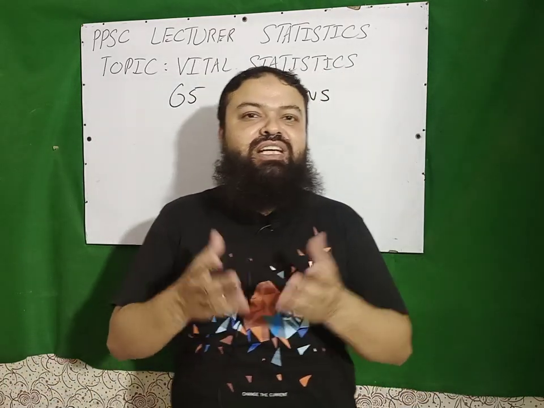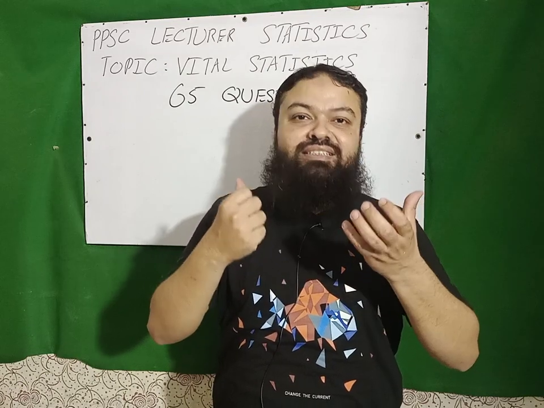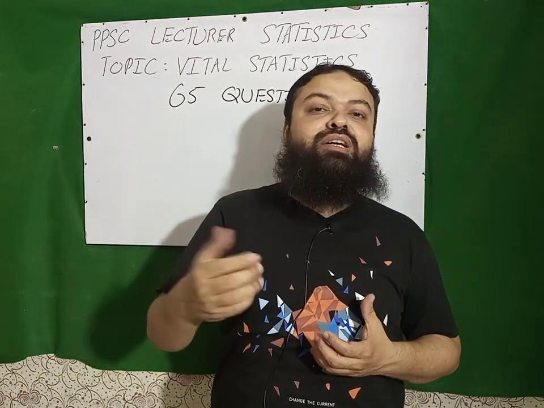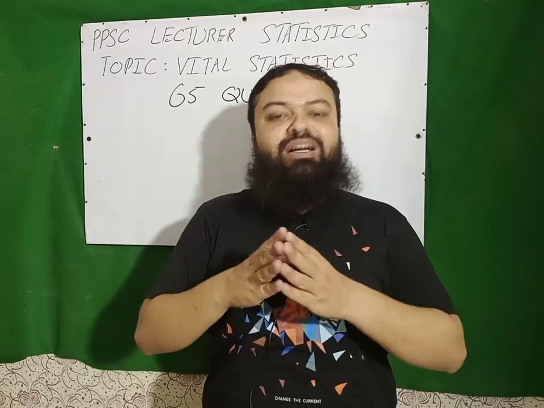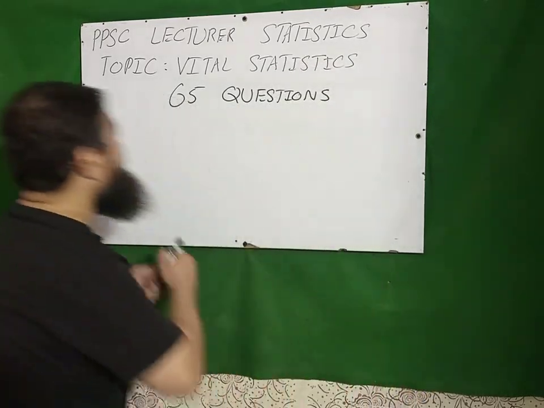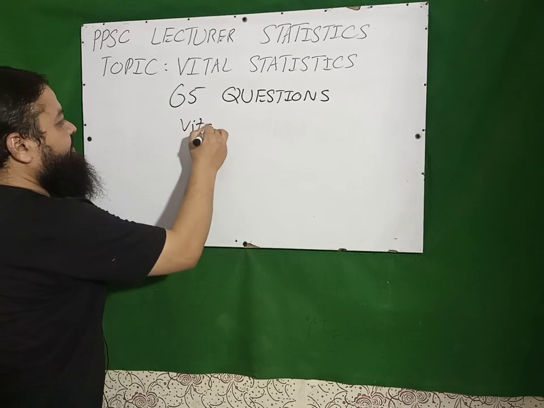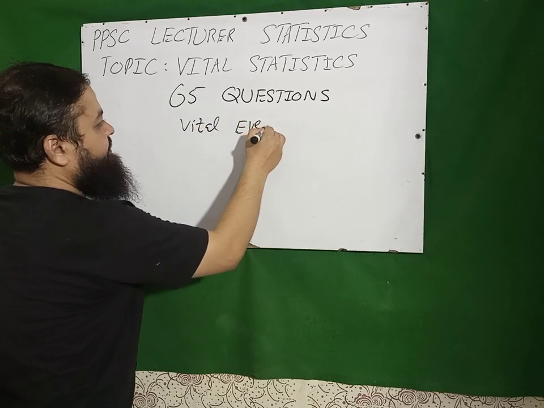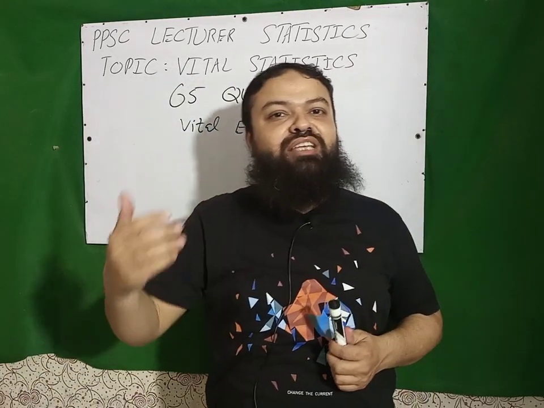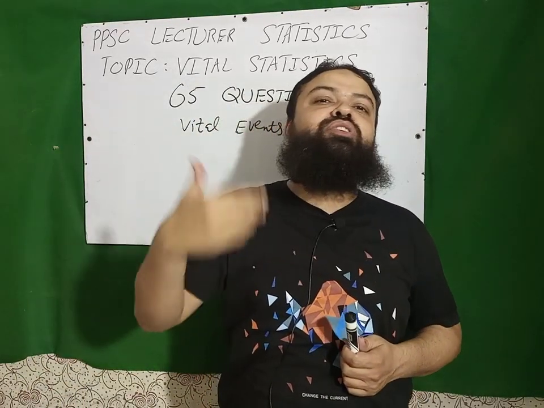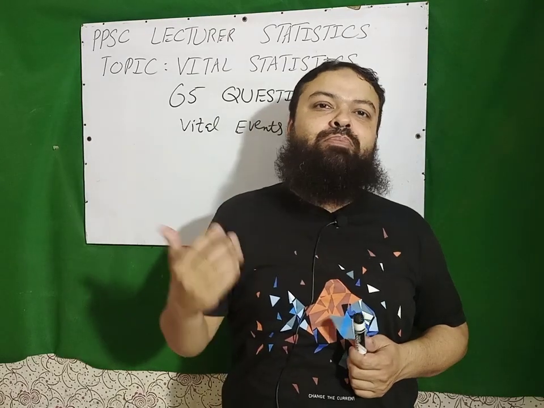Actually, whenever we compile, collect and analyze the data of vital events, we are dealing with vital statistics. Now I will tell you what are vital events. There are some factors which change the size and composition of the human population.